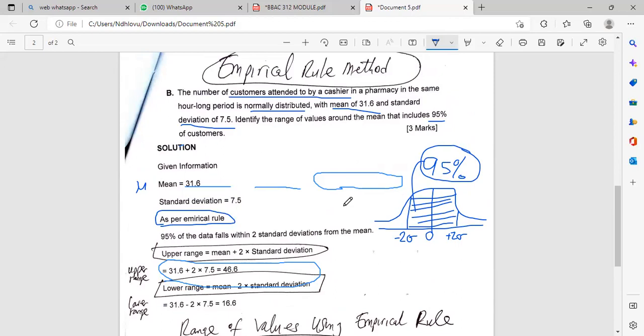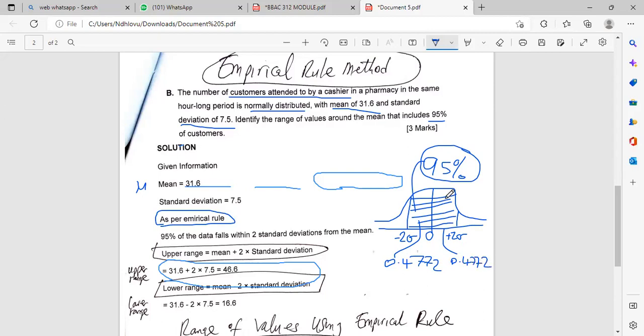All right, because when we go to the Z table, this probability here is 0.4772, if you check from the normal tables, and the other side is also 0.4772.